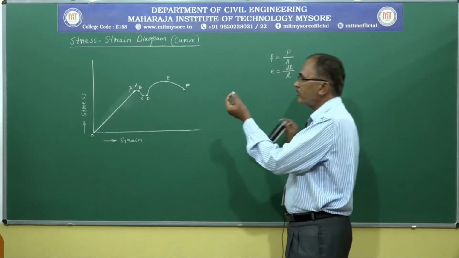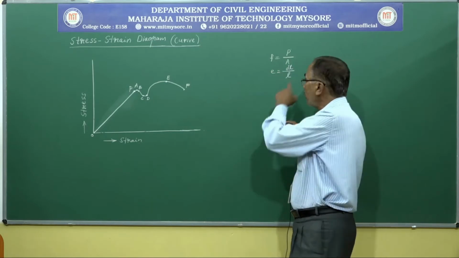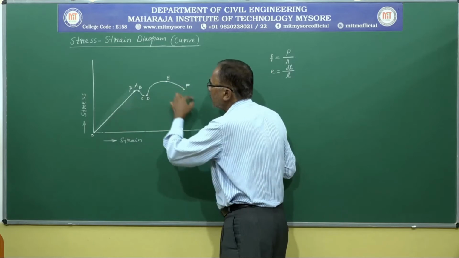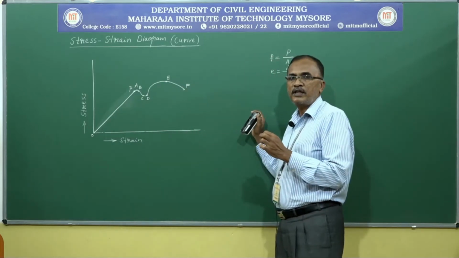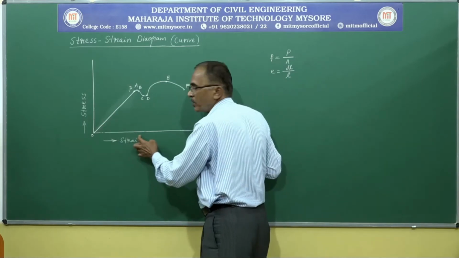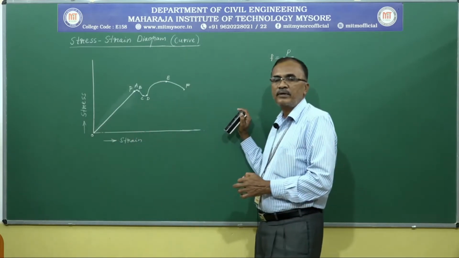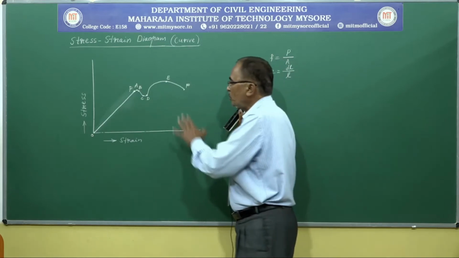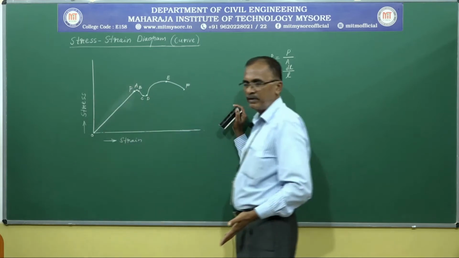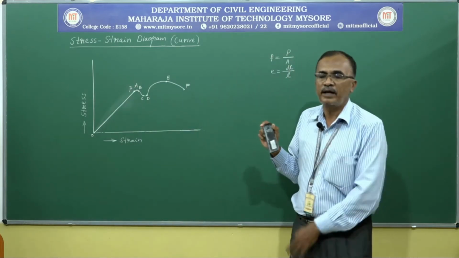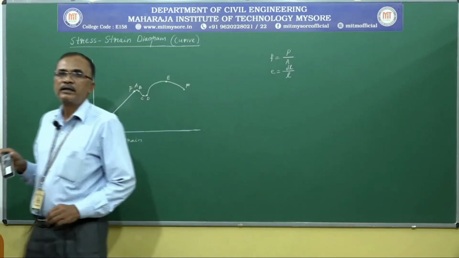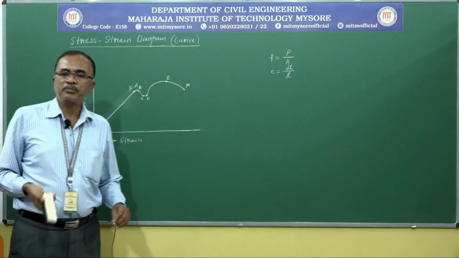Knowing the sets of load and corresponding strain, one can easily plot the curve known as the stress strain curve, and it will give the relationship between stress and strain. It is possible to obtain this stress strain curve for any given material considered for analysis and for application purposes.